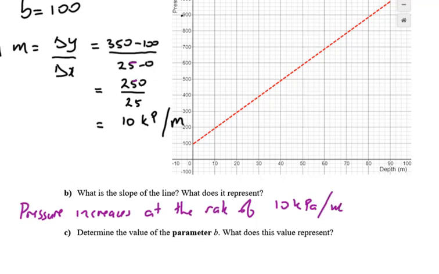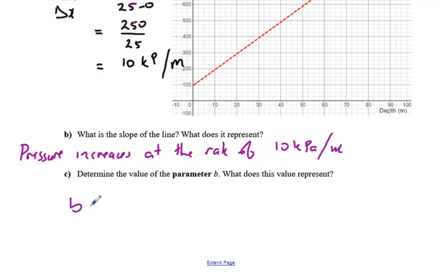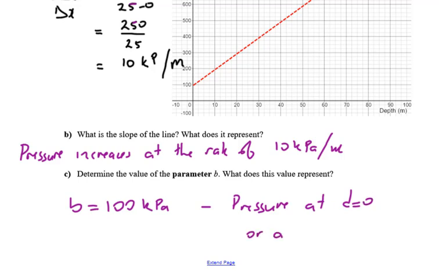Now, b. What was b equal to? b is equal to 100 kPa. And what's that? That's the pressure at d equal to 0, or at the surface, isn't it?